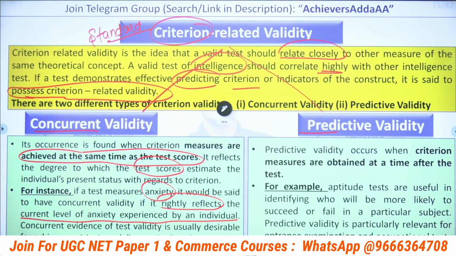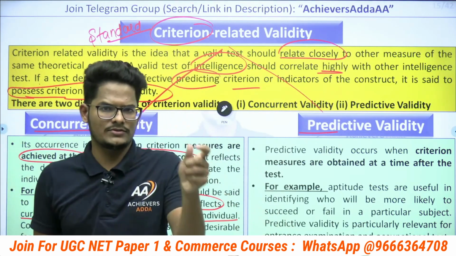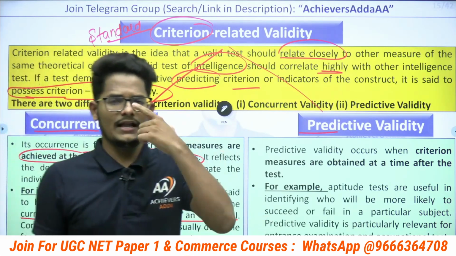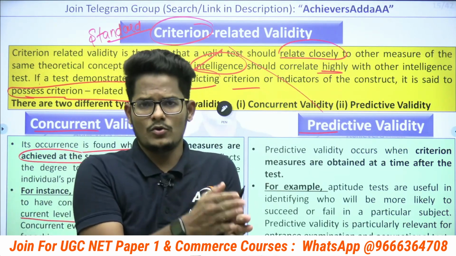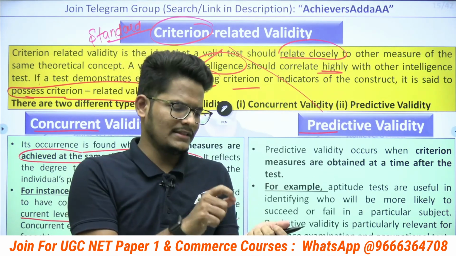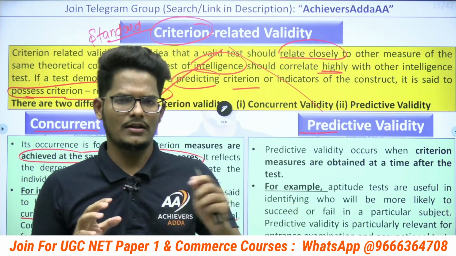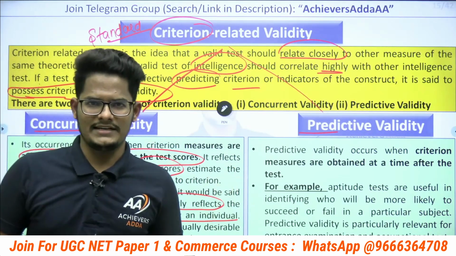So it is simply a comparison of the test scores with the previous test scores, like a doctor will perform. When you go for the first time, he will take the blood pressure, the fever, all the things. Later he will ask you to come after three days.